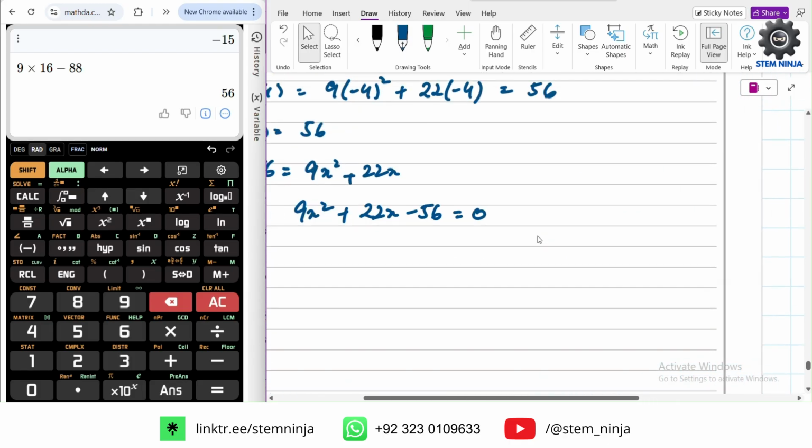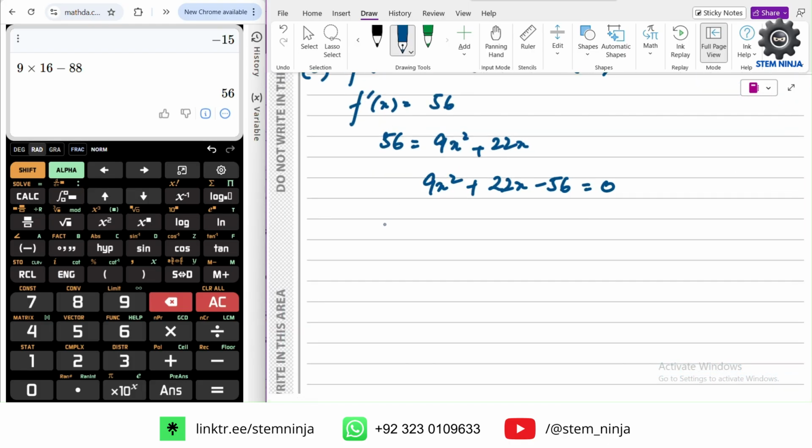We need to solve this quadratic equation. So minus 22 plus or minus the square root of 22 squared minus 2 times 9 times 56, divided by 2 times 9.